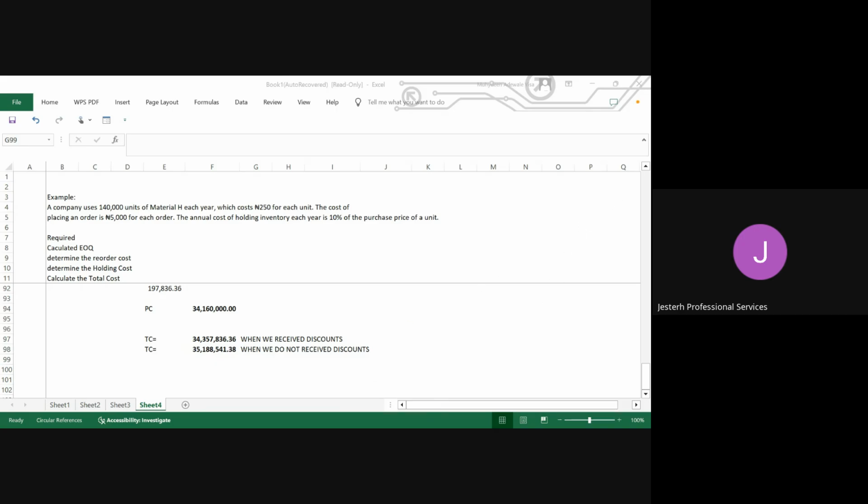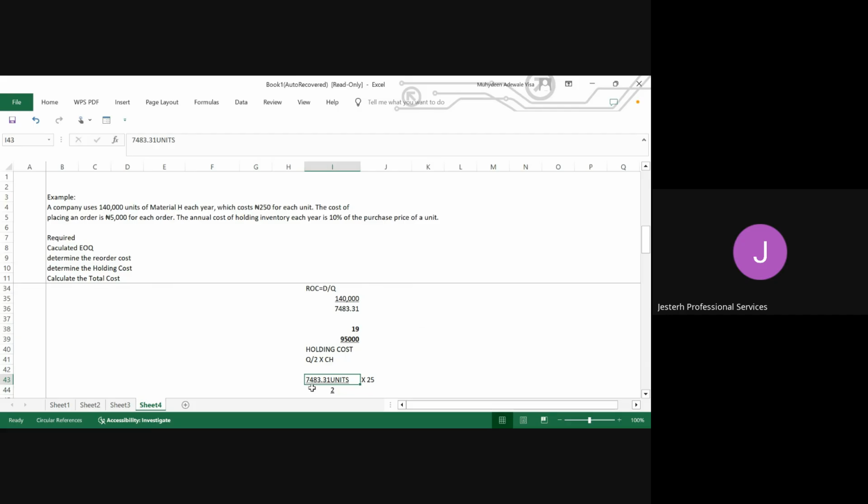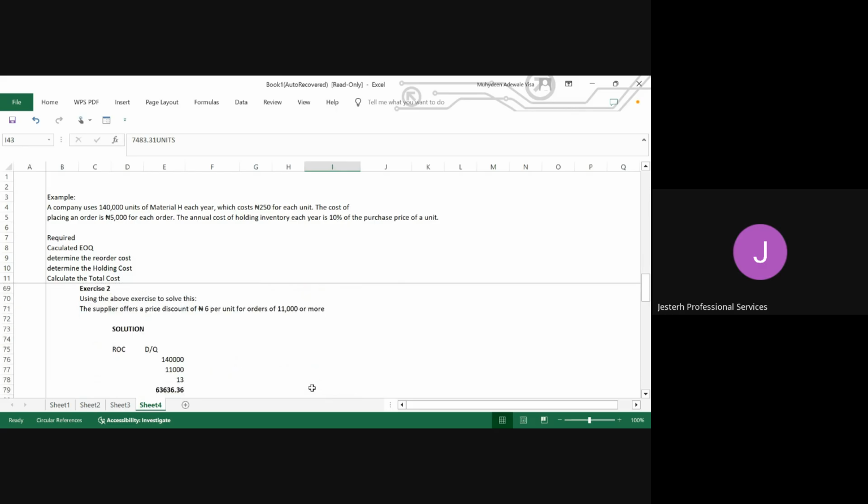Now that the organization has already come up with the two approaches, that okay, if we decide to follow our own structures, based on what we decide to be purchasing at every order, which is 7,483 units, we are not going to receive any discounts, or we follow what our supplier gives us by placing our order at 11,000 units of material H at the discount of 6 naira on each of the purchase price per unit.